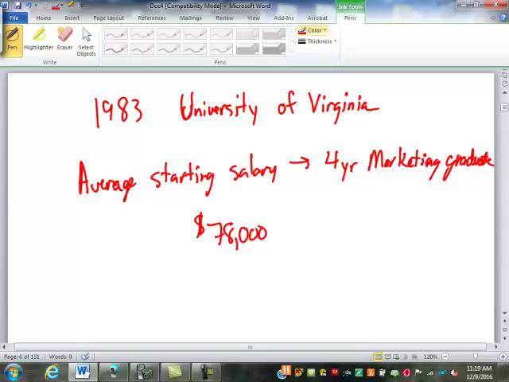Now, right now, $78,000 would be a really good salary coming out of a 4-year degree. You go back to 1983, your average high school teacher was making about $16,000 a year starting out. $78,000 was a phenomenal amount of money.